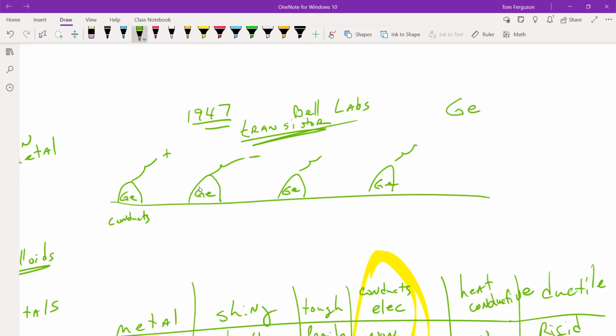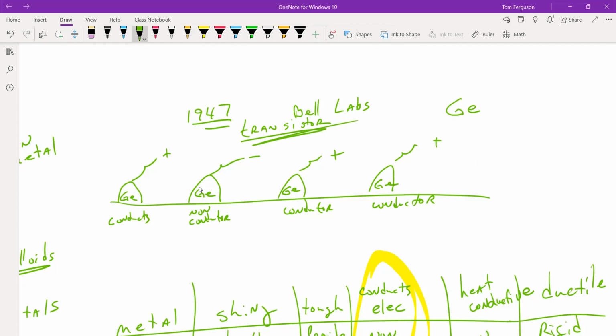When you put a negative charge on, it is a non-conductor. So it's one way or the other.